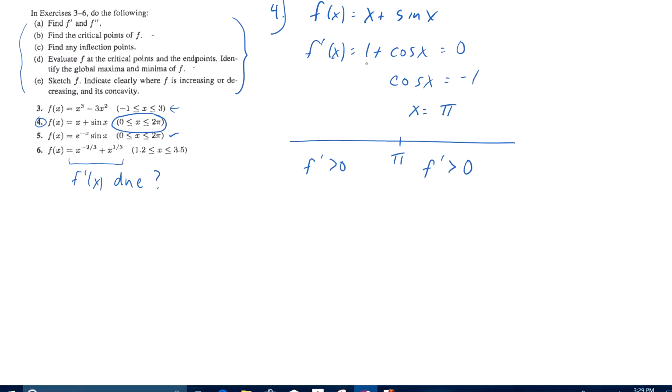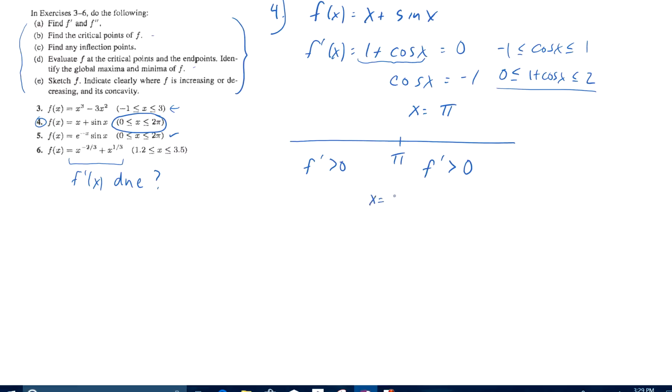So it's going to be greater than 0. The other way to think of it is the cosine always goes between 1 and negative 1, right? So if I add 1 to this, I get 0 less than or equal to 1 plus cosine of x, less than or equal to 2. So this is always going to be positive or 0, which it is right there.